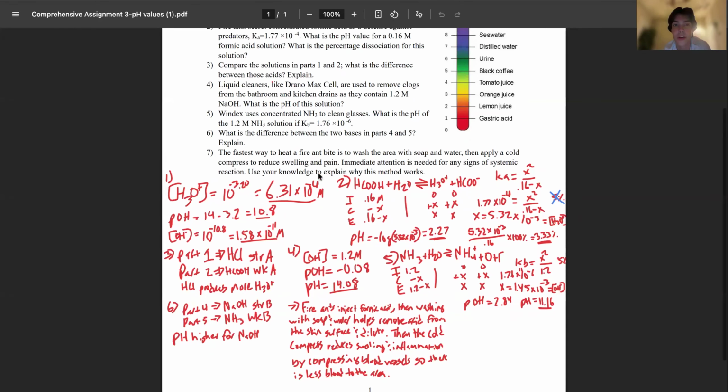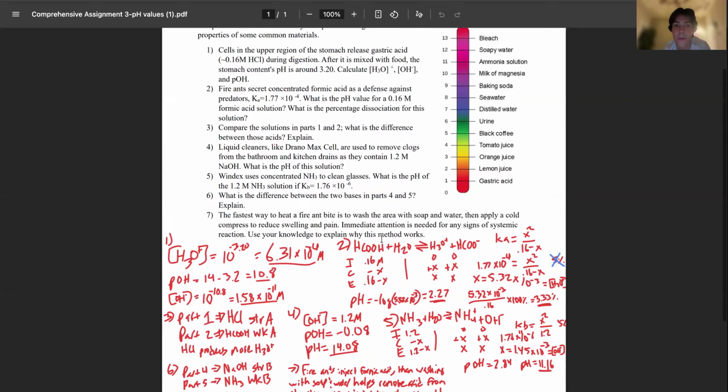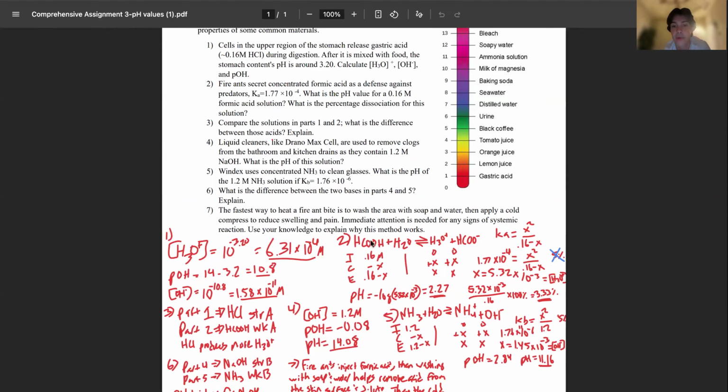For question 2, it's talking about the fire ants' formic acid, and I wrote down the equation here, which is formic acid with H2O to make H3O and then HCOO negative.